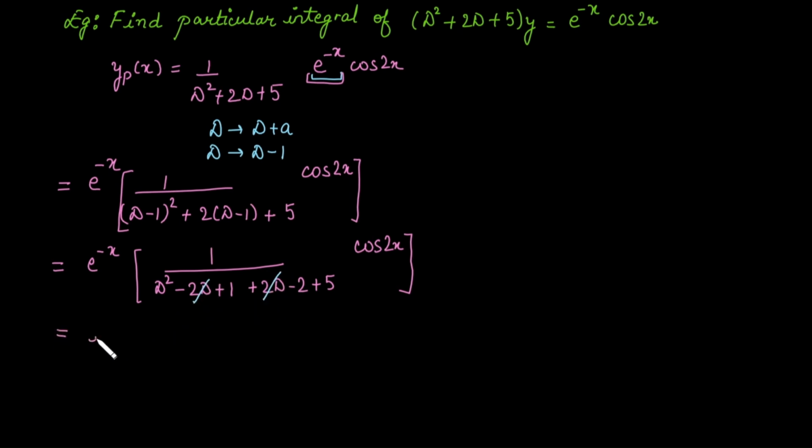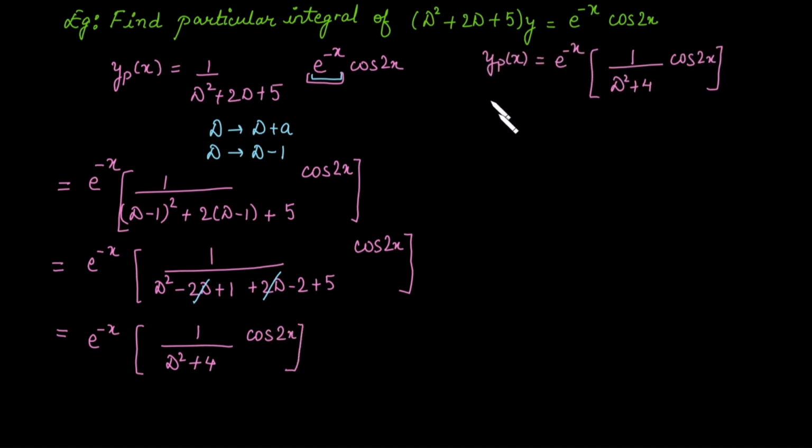Finally, we have e raised to power minus x, 1 upon D square plus 1 minus 2 plus 5, that is equal to plus 4, cos of 2x. Now the particular integral is evaluated with the help of this expression, that is the cos 2x. In this case, we are replacing D square by minus a square, where a is the coefficient of x in this term, that is the cos 2x.